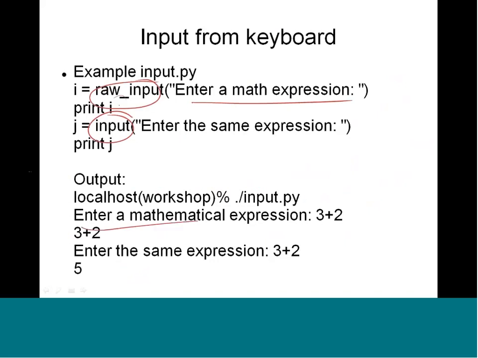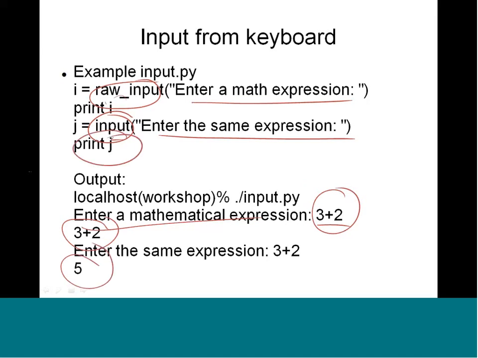It says enter the math expression, and then we say 3 plus 2. Now i's value is the same, 3 plus 2. It doesn't do anything, basically it copies into i. Now we say j equal to input, enter the same expression. If you enter 3 plus 2, it is evaluated and the result is shown as the value of j.